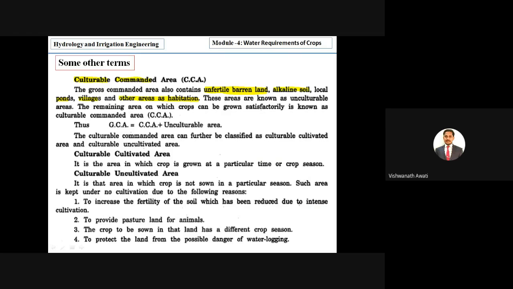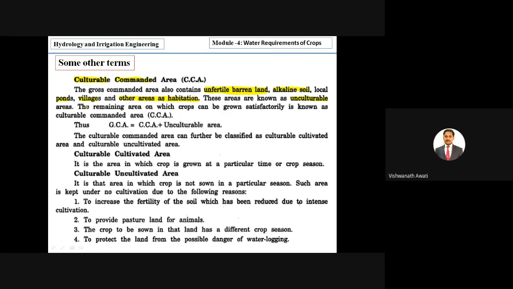Habitations means areas used for human beings. These are known as uncultivable areas, where we cannot do agriculture. For example, barren land, alkaline soil, local ponds or water resources, villages and other habitations are called uncultivable area, even though commanded, because they are not suited for agriculture.